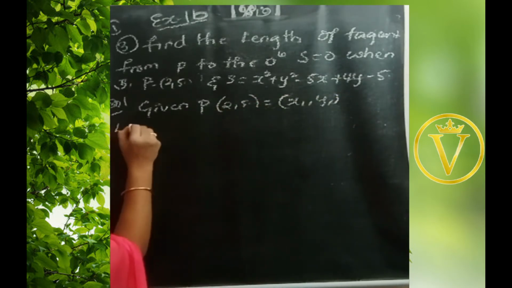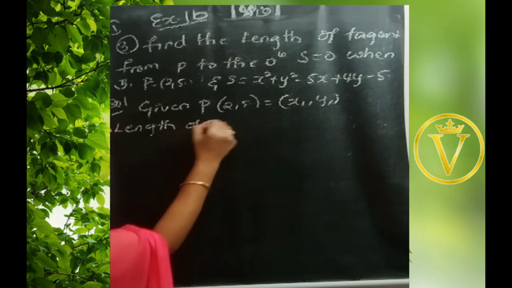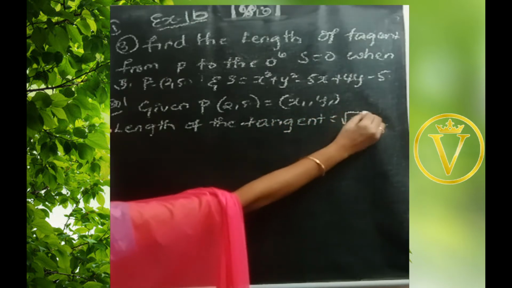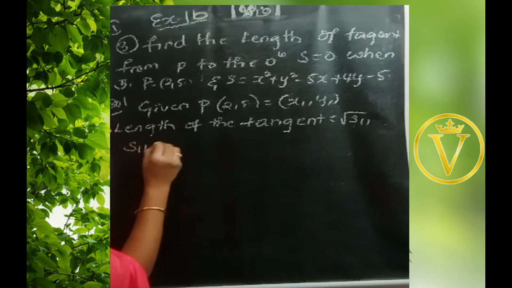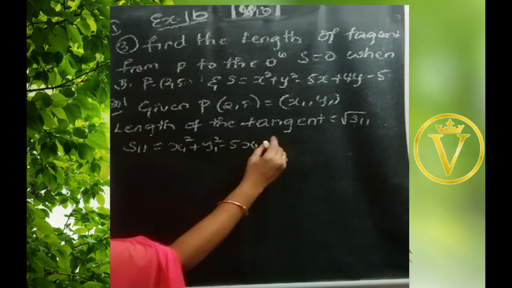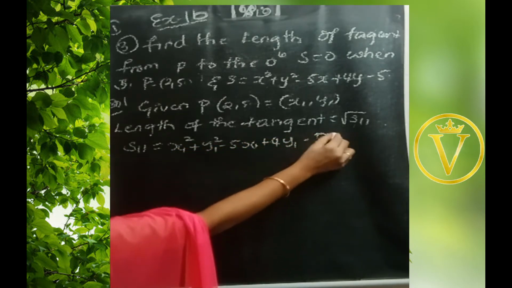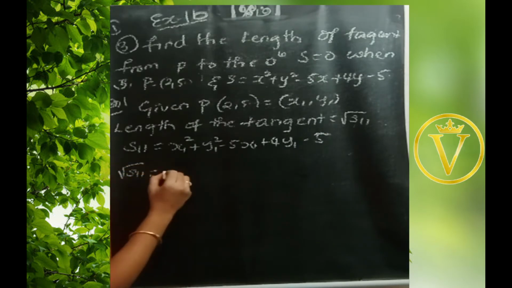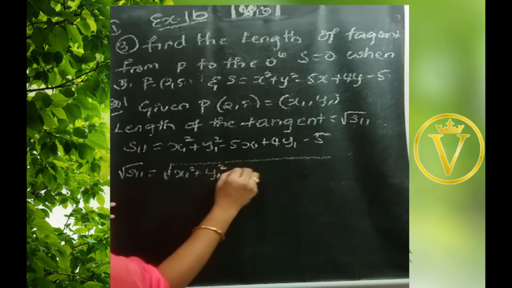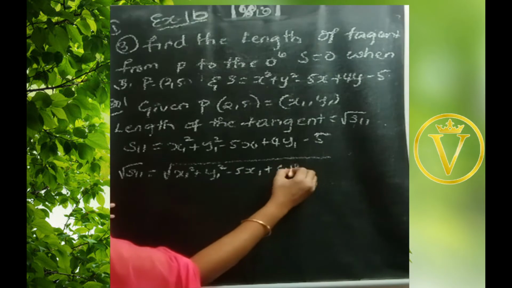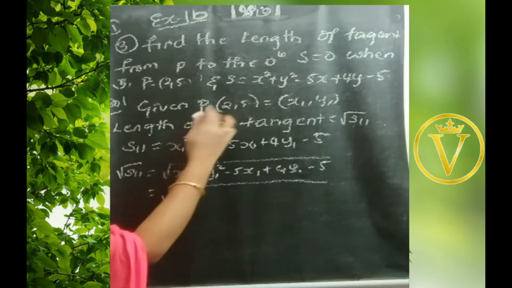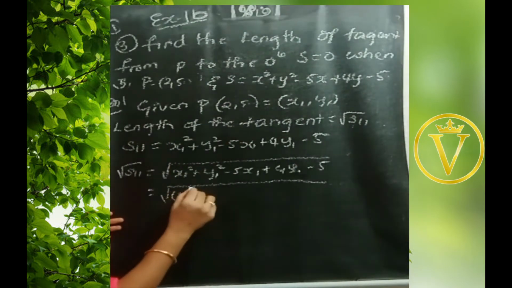Now the length of the tangent equals root S11, so we apply root to x1 square plus y1 square minus 5x1 plus 4y1 minus 5. Now substitute 2 comma 5 in x and y.